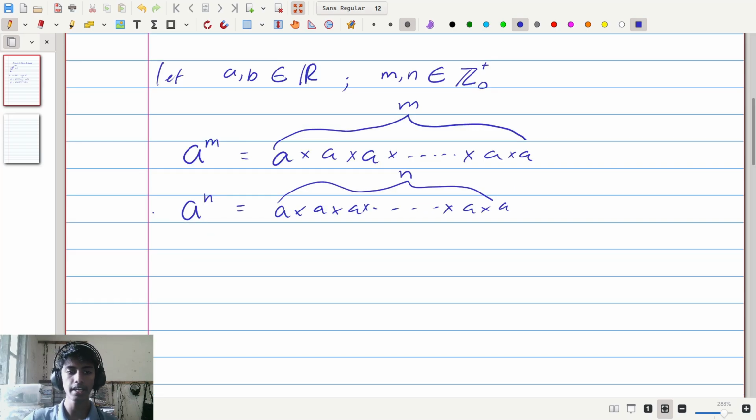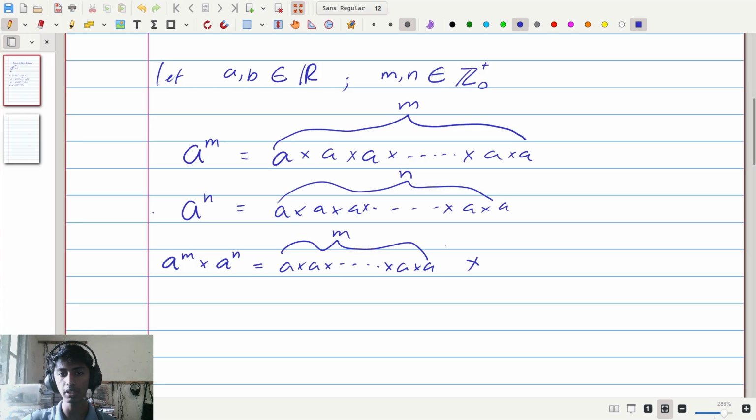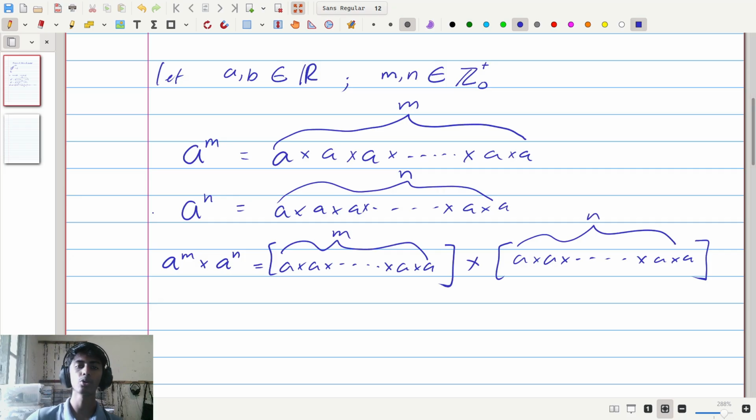So if we consider a to the m times a to the n, we can find our first index law. Right now we are limited because we only have positive integers. A to the m times a to the n would be a times dot dot dot, m a's, all multiplied by a times dot dot dot, n a's.